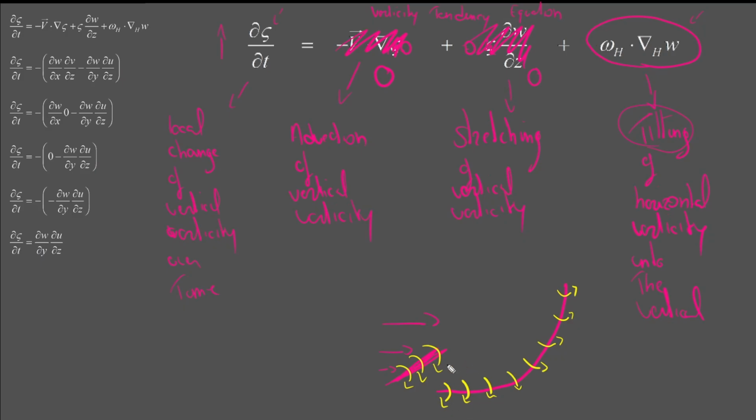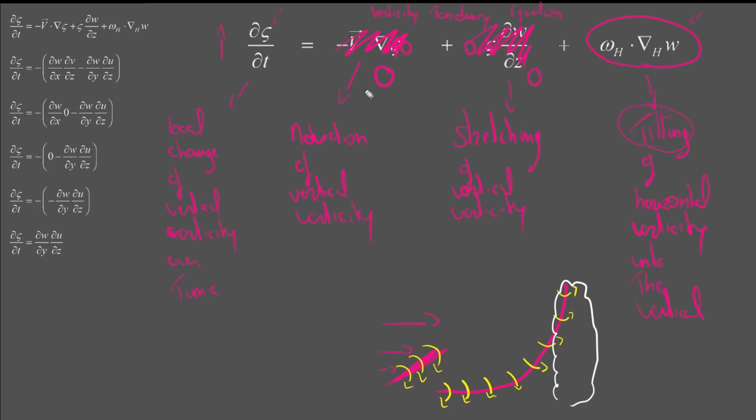So we went from horizontal vorticity to vertical vorticity. And why would you be able to do that? Well, put an updraft in here. Right? So we'll put an updraft in here, and because of the updraft of the storm, it tilts this horizontal vorticity into the vertical. So we went from horizontal vorticity to vertical vorticity, but we'll talk about that a little bit later.